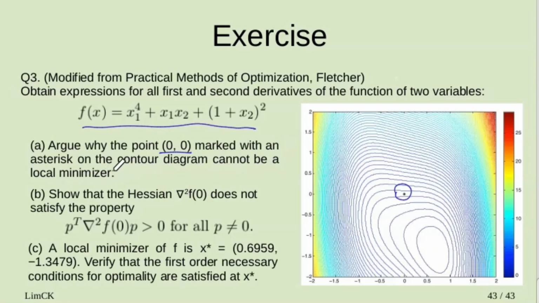This point is not a local minimizer. B: show that the Hessian at 0 does not satisfy the property of this one. And then third, the local minimizer of f is this point. Verify that the first order necessary conditions for optimality are satisfied at x star.